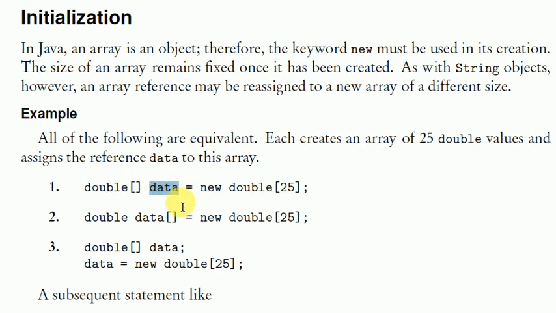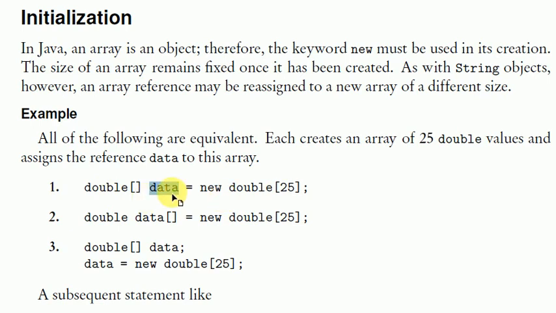You can call it arr or my array or whatever name you like, and then the equal sign, new, and then double, again the data type, and in the square brackets you have to mention 25. It means this array can store 25 different double values, that is, 25 values with the double data type.